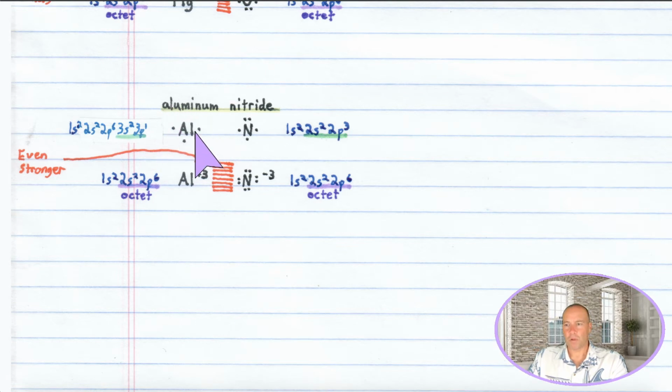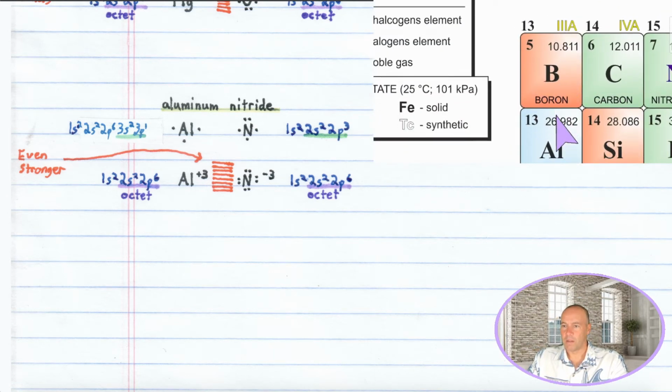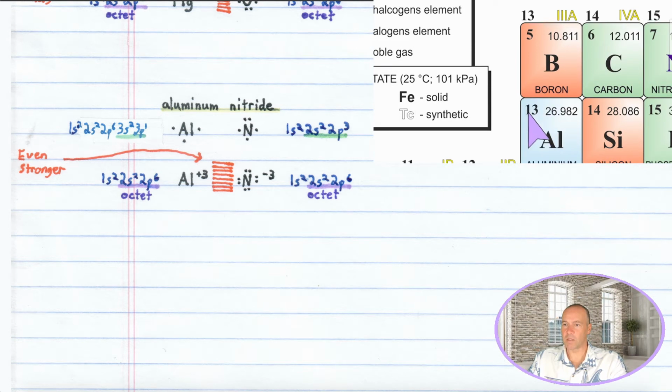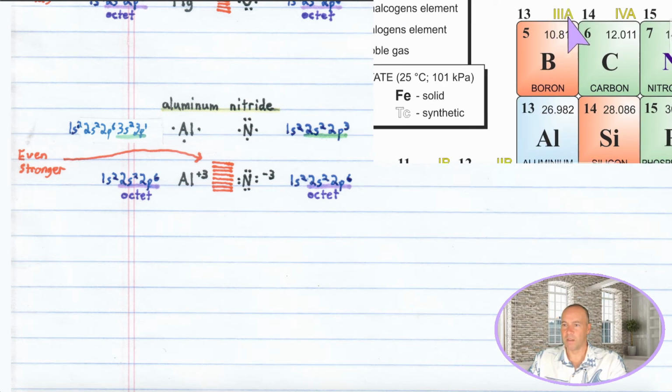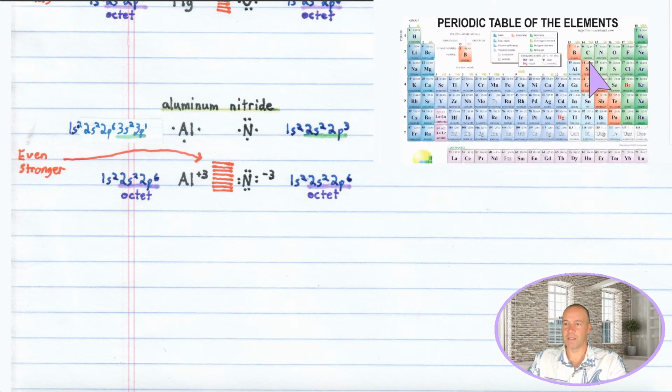Aluminum is in group 3A, and nitrogen's in group 5A. I'll point those out to you. So here's aluminum, it's right below boron. So 13 electrons total, 3 of them are valence. And then nitrogen is element 7, so 7 total electrons, 5 of them are valence. So aluminum gets 3 dots and nitrogen gets 5 dots.